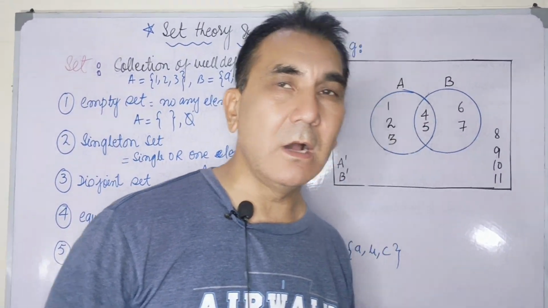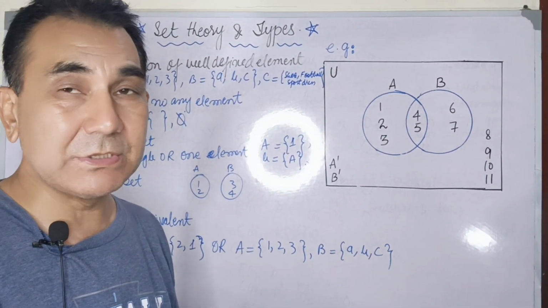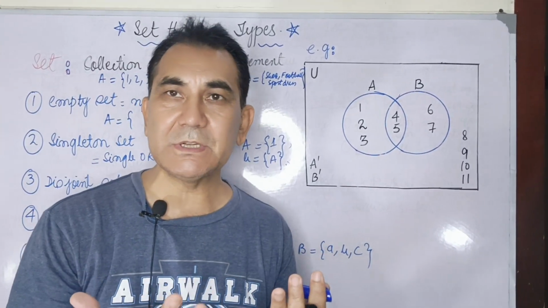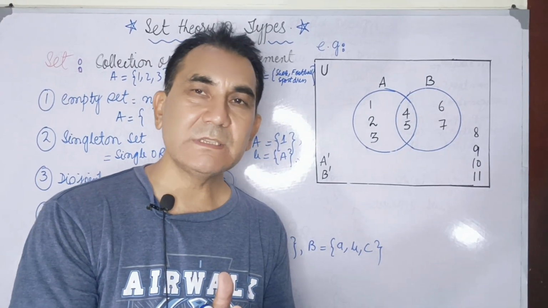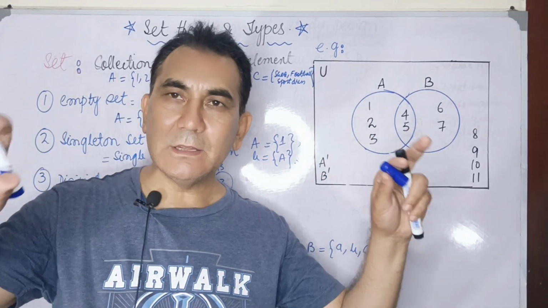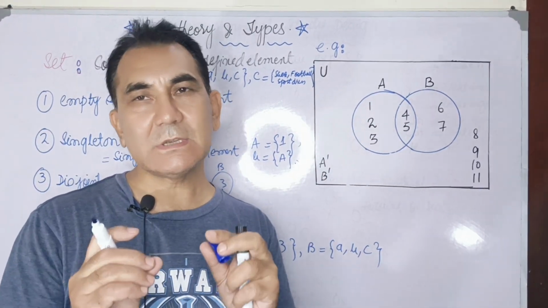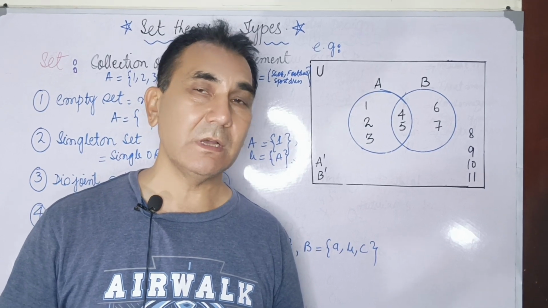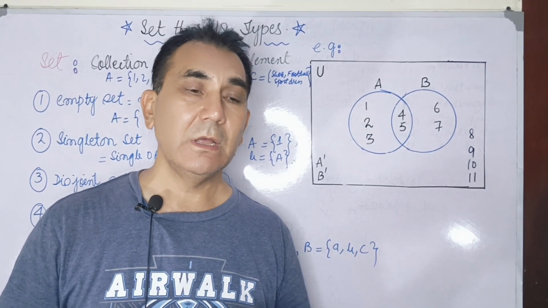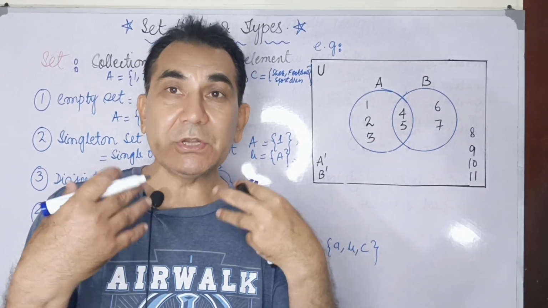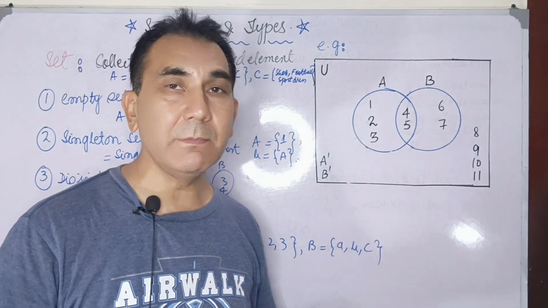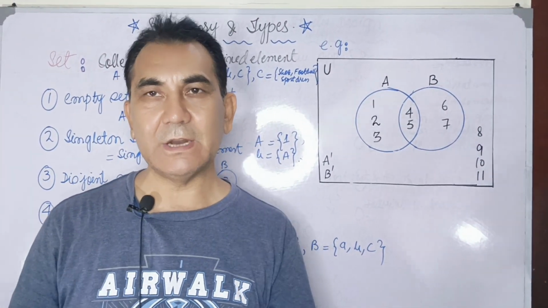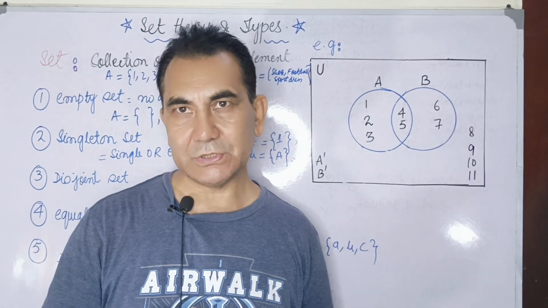The Venn diagram always represents the elements present inside the sets or inside the rectangular shape. This is called the Venn diagram, and it shows a visual representation of the elements present inside or outside of the set.